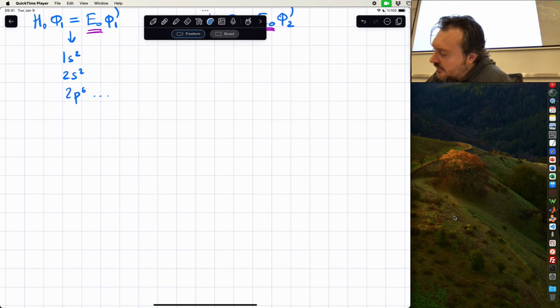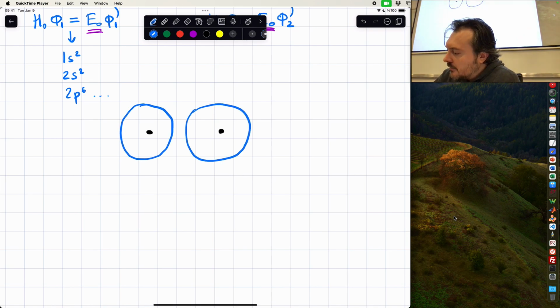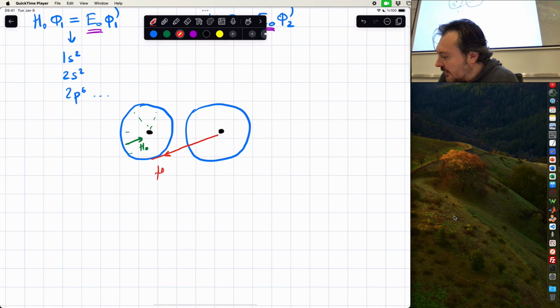Now, how do we approach this problem? We think about their interaction with each other. So let's bring these nuclei close by. Then this is H0. This interaction is H0. But there is an H prime that is due to this one seeing that one. Because of that, you have H prime.